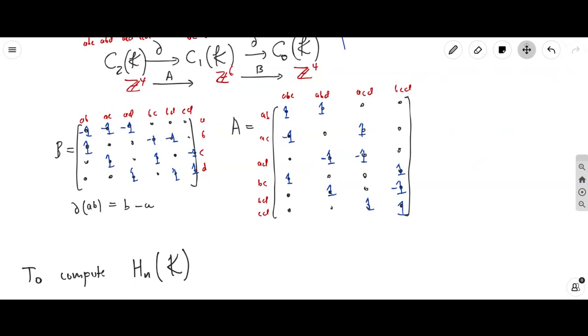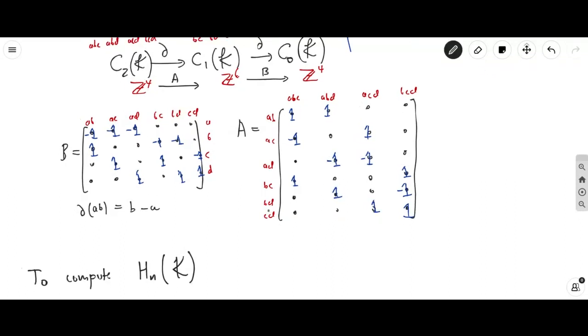The earlier example that we did with the triangle was so much simpler, but this one is clearly more involved. You have to find the cycles. So you find the cycles by taking the kernel of B. B is a linear map from Z6 to Z4, so you're going to find the kernel.